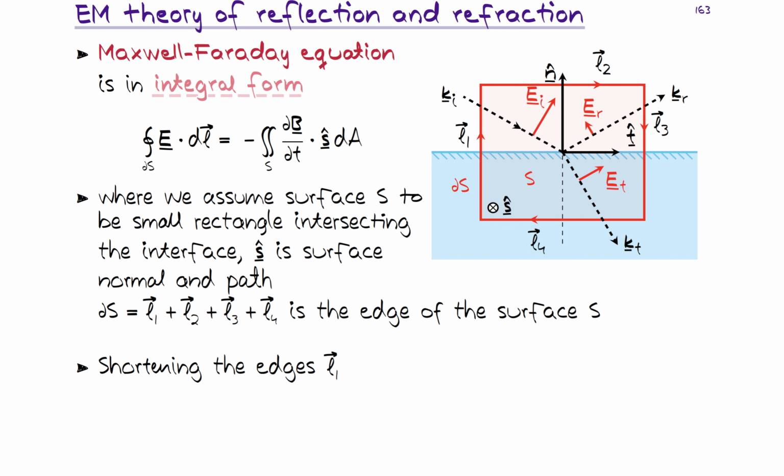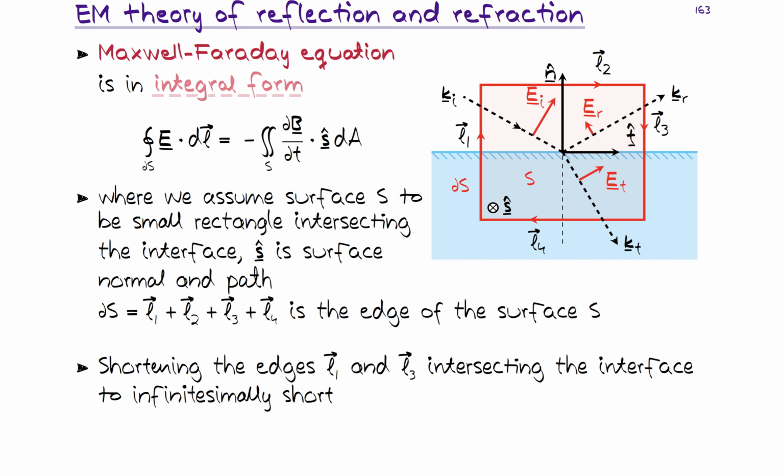So we shorten the edges L1 and L3, and now what happens is that the area actually becomes smaller. So we are shortening L1 and L3, the lines that are going through the interface, and now our surface S is becoming shorter and shorter.